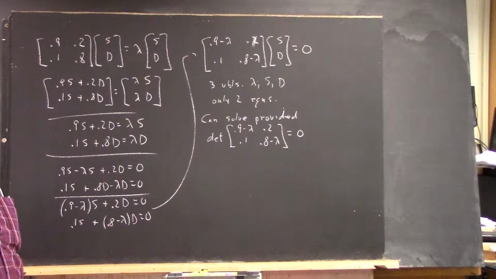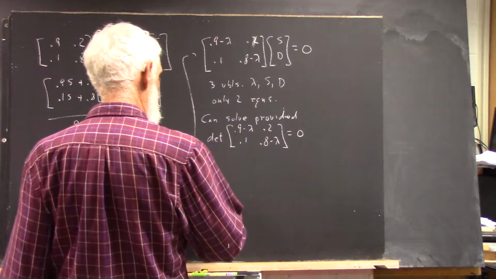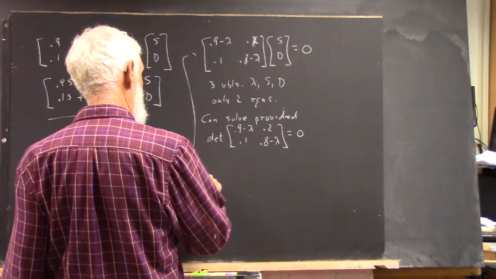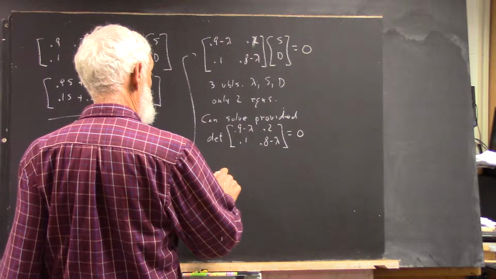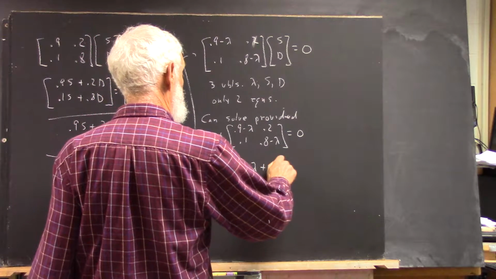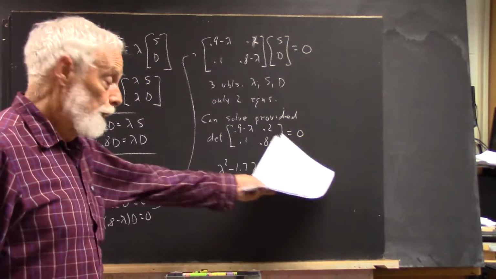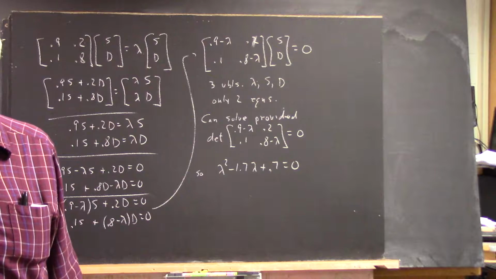Okay? So we get lambda squared minus 1.7 lambda plus 0.7 equals 0. Because that says that the determinant of this is 0. That's our characteristic equation, right?